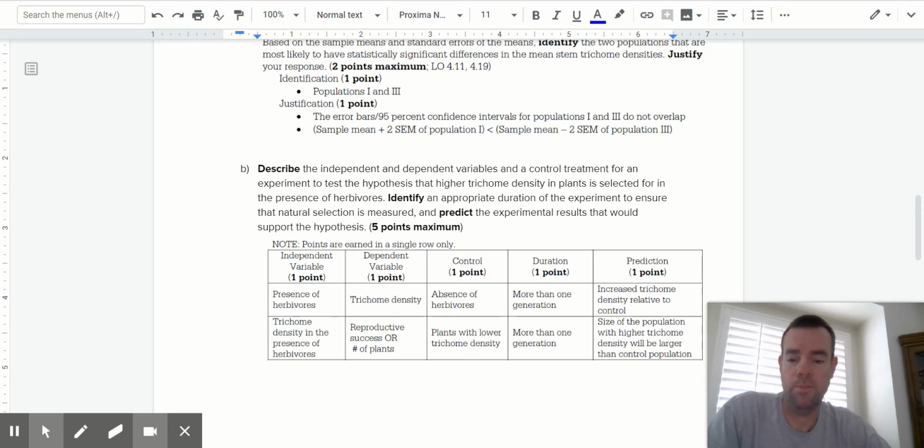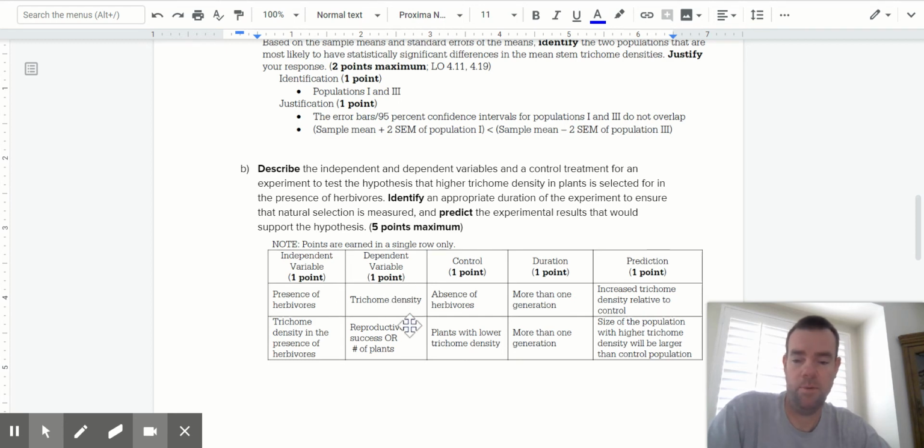The other way you could approach this would be sort of backwards. You could use different plants with different numbers of trichomes. So you'd have a group with really heavy trichome density, and another one with much lower trichome density, and you would introduce herbivores into those situations. Then you would measure reproductive success.